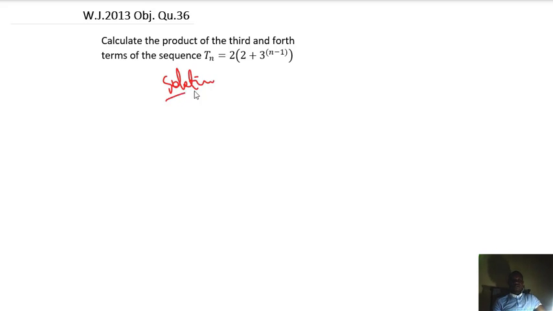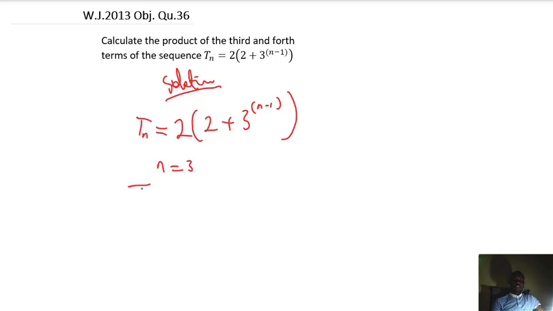Okay, so solution, we have Tn being equal to 2 times bracket of 2 plus 3 exponent n minus 1, then we close the bracket. When n is equal to 3, that will be the third term, so T3.